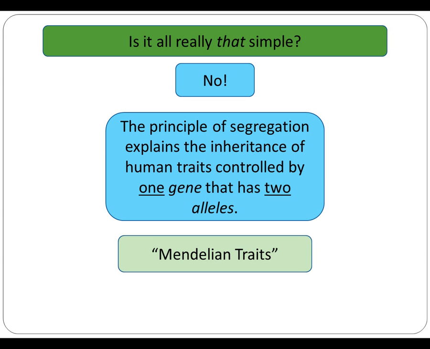There is a website that you might want to reference here as well. It's called Online Mendelian Inheritance in Man, OMIM, I think is the name of it. It's a really cool website where you can look at what's considered Mendelian traits in humans.